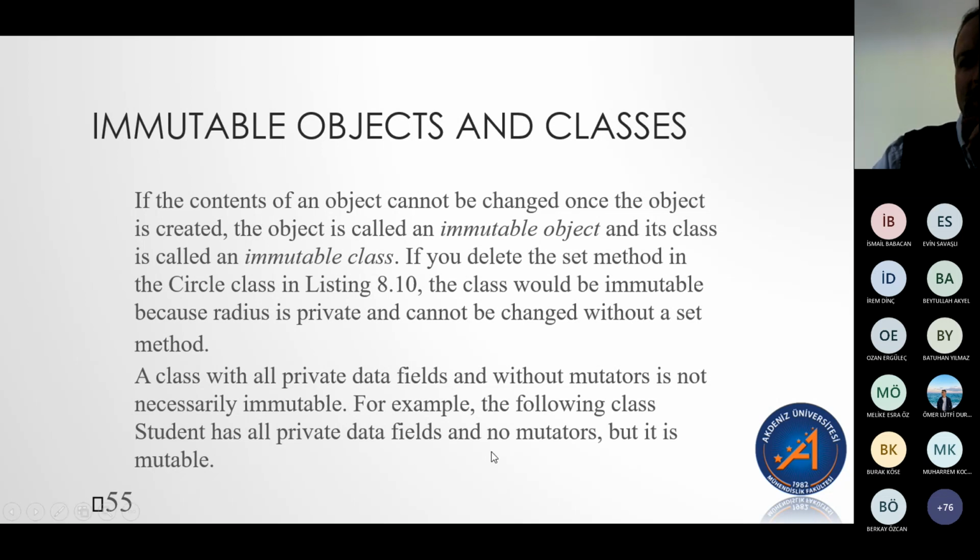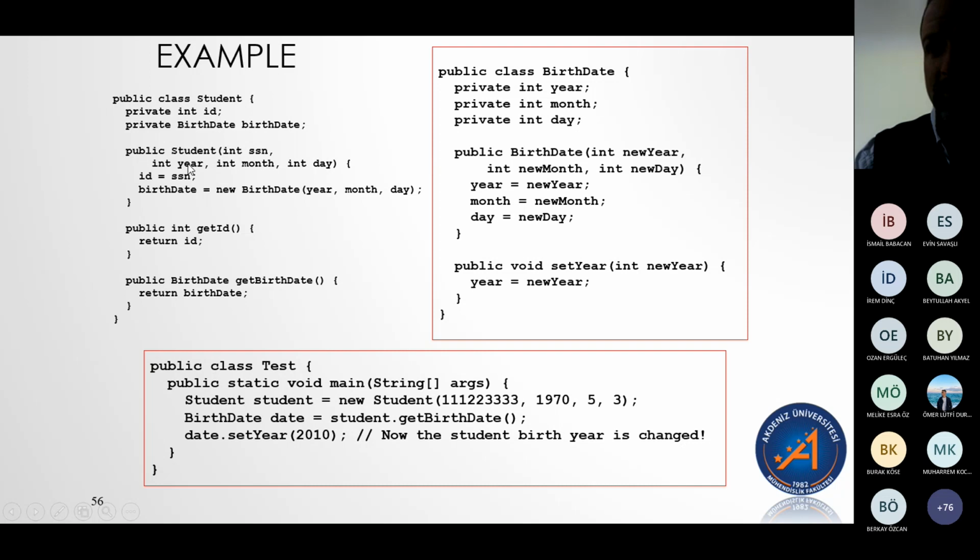But the following example is not immutable, meaning it can be changed, and here's why. We have a student class, private data field, no setters. So we would think, this is an immutable object. I can't change this, right?